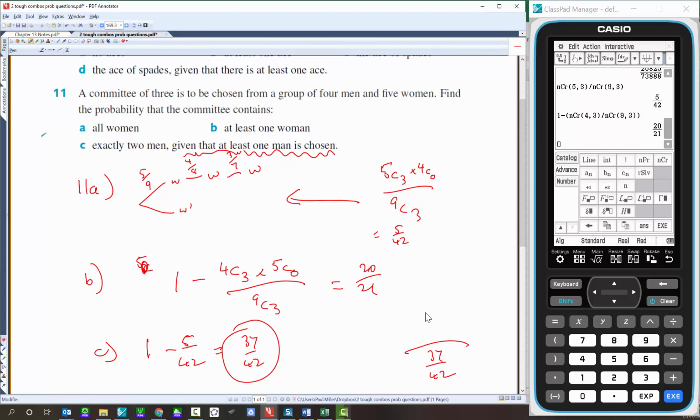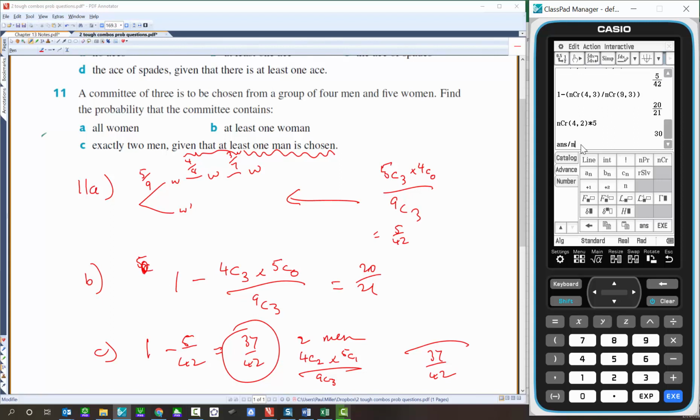So here's the two men calculation. Exactly two men means from the four men, choose two of them, multiplied by from 5 women, choose one, all over 9 choose 3. On the calculator, that would be nCr 4,2 times 5, since 5 choose 1 is 5, all over nCr 9,3, which is 5 on 14.